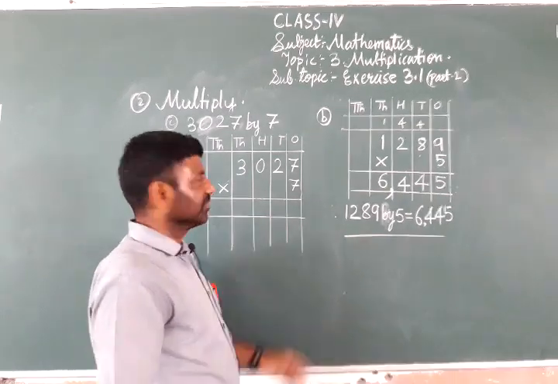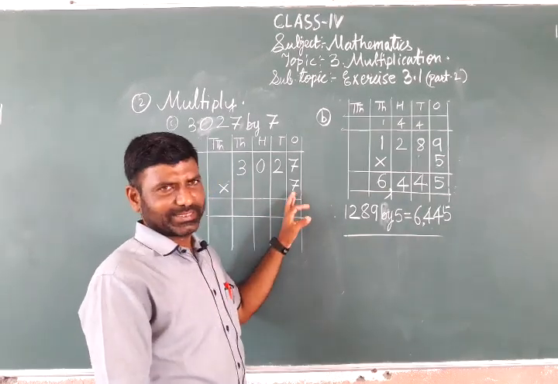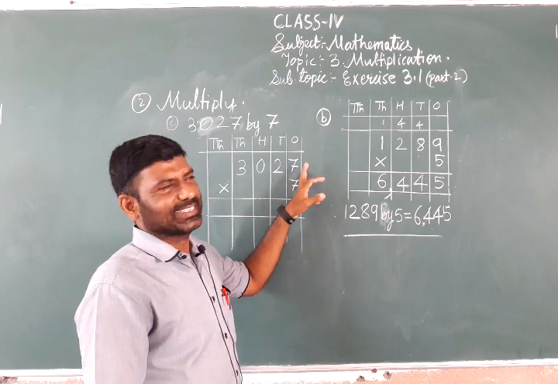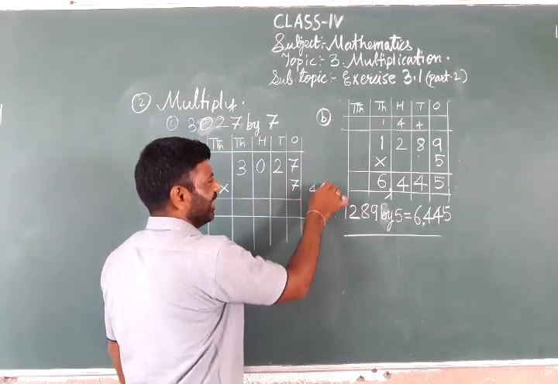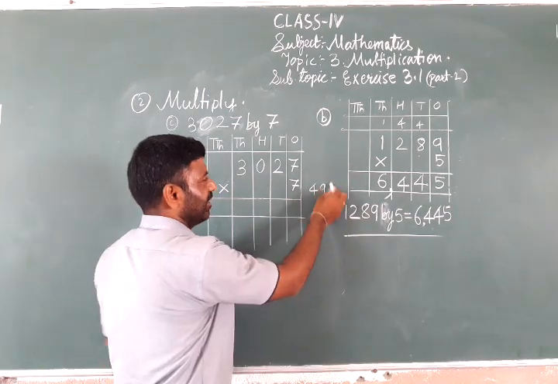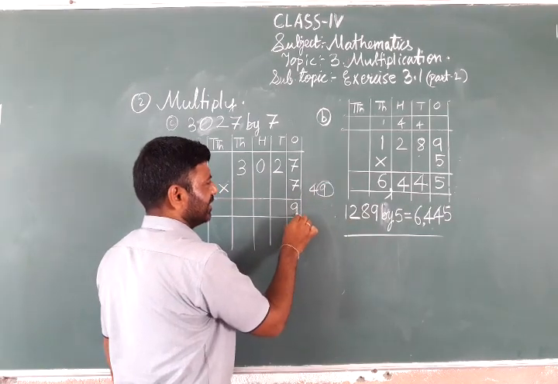Now, same again. You know 7 7s are 49. Ones place is 9 here.